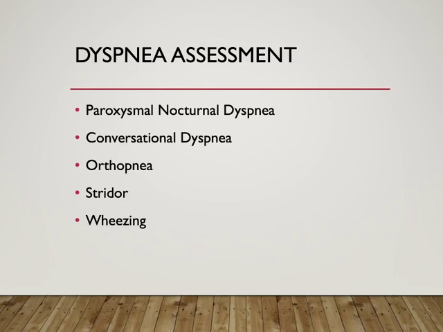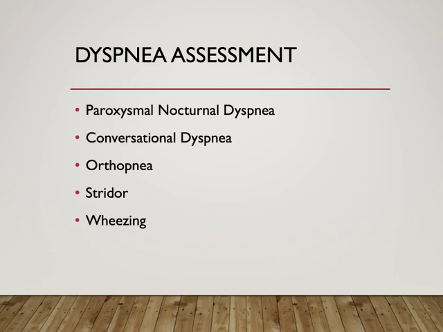Dyspnea assessment. Remember these terms, memorize these terms. When we're assessing somebody who's having trouble breathing, they can have paroxysmal nocturnal dyspnea, a sudden awakening caused by shortness of breath during sleep. The patient feels panic, so it's a frightening thing.